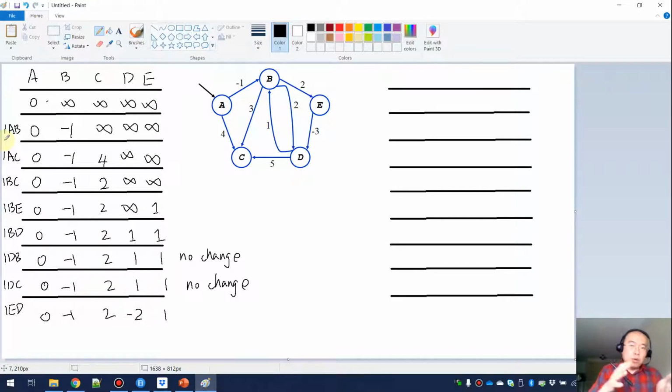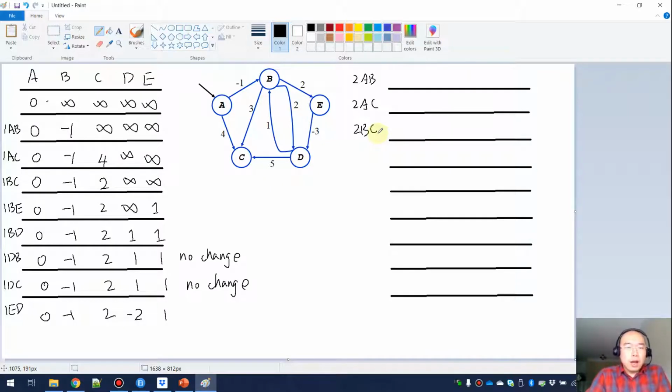To continue the next round, you have to visit AB again, and AC, and BC, etc. So we have only done the first pass on the left side. We have to do the same process for a total of 4 rounds, and this will guarantee that we find the shortest path for all the nodes from A.